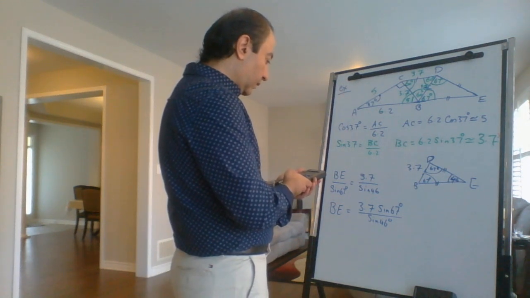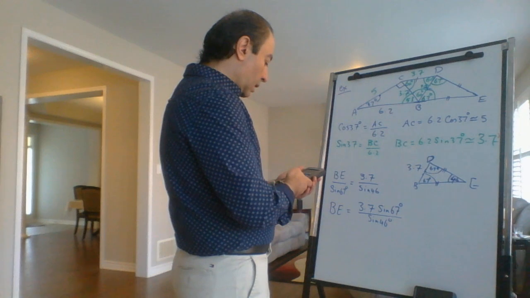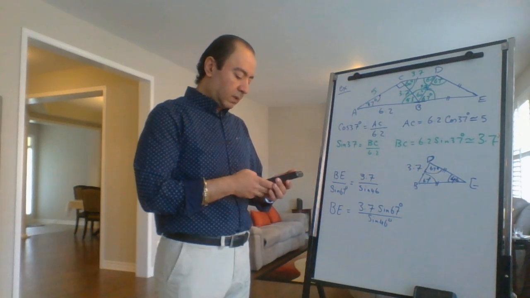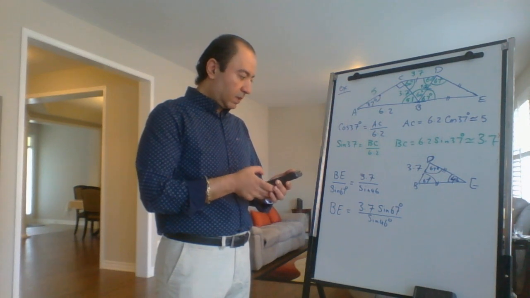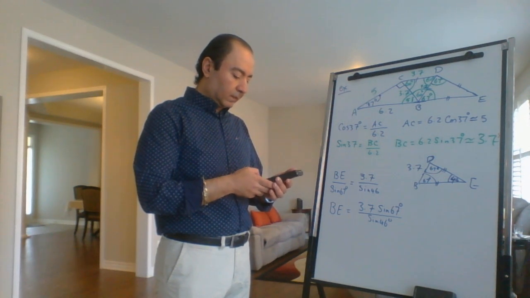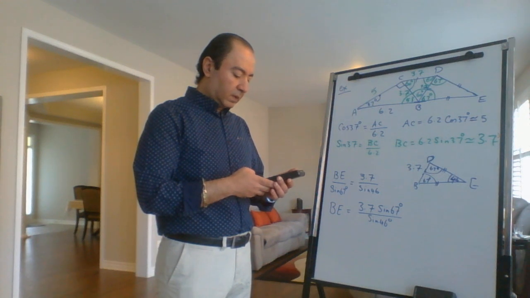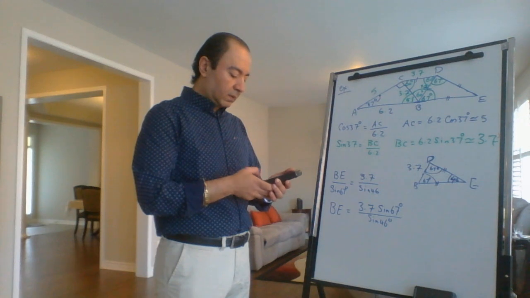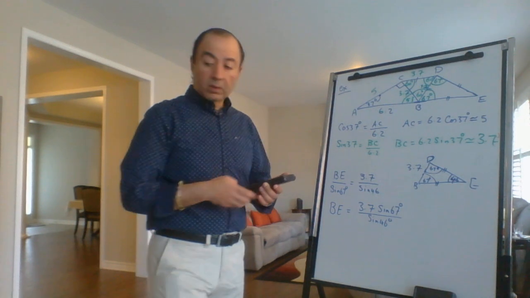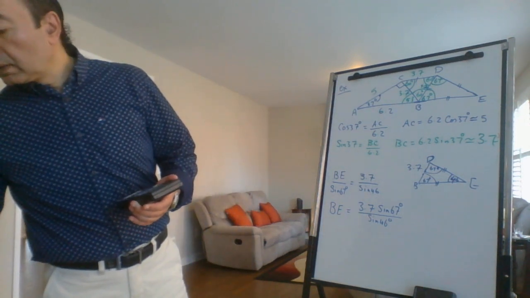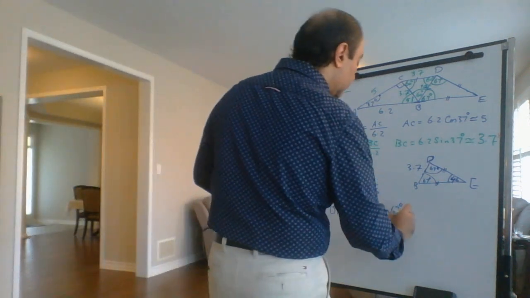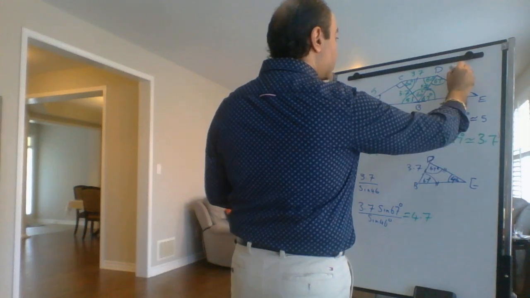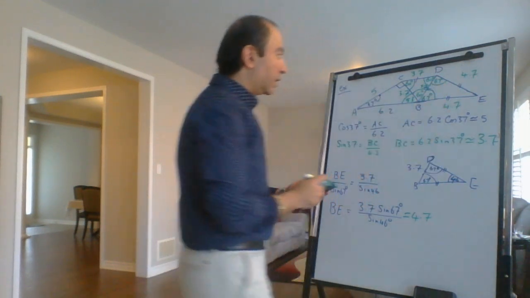So 3.7 times sine 67, divide that by sine 46. So that will be 4.7, and if this is 4.7, this is also 4.7 because they are equal.